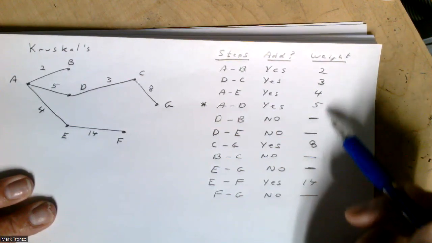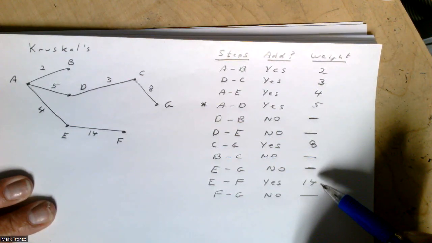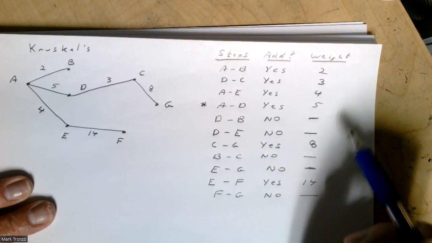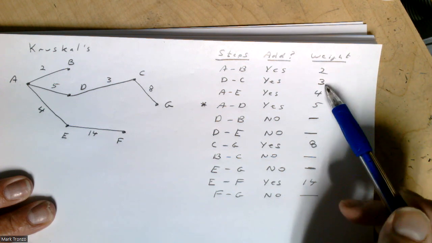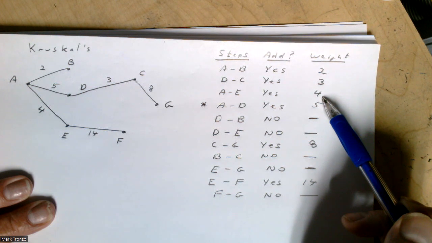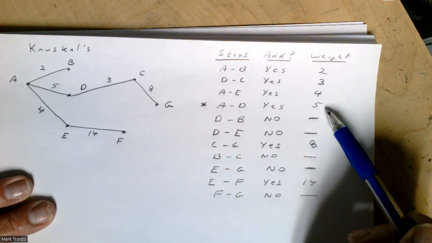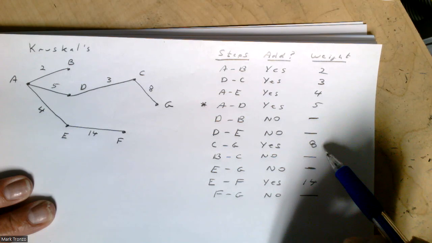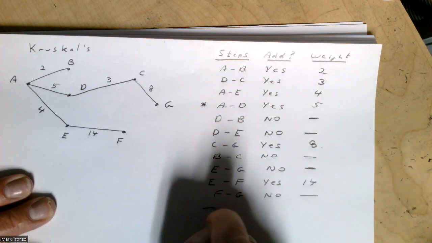Then add the weights up. And we're going to have, what's this, 5, 9, 14, 22, looks like 36.